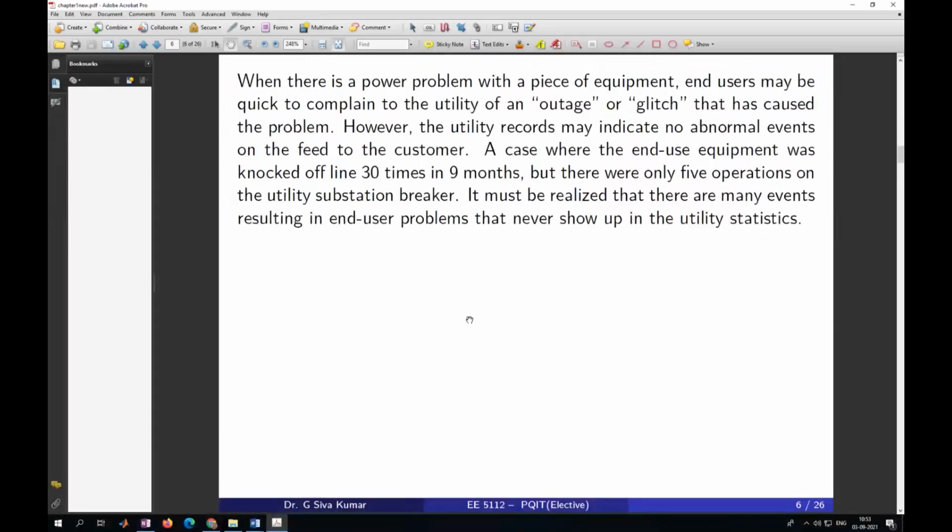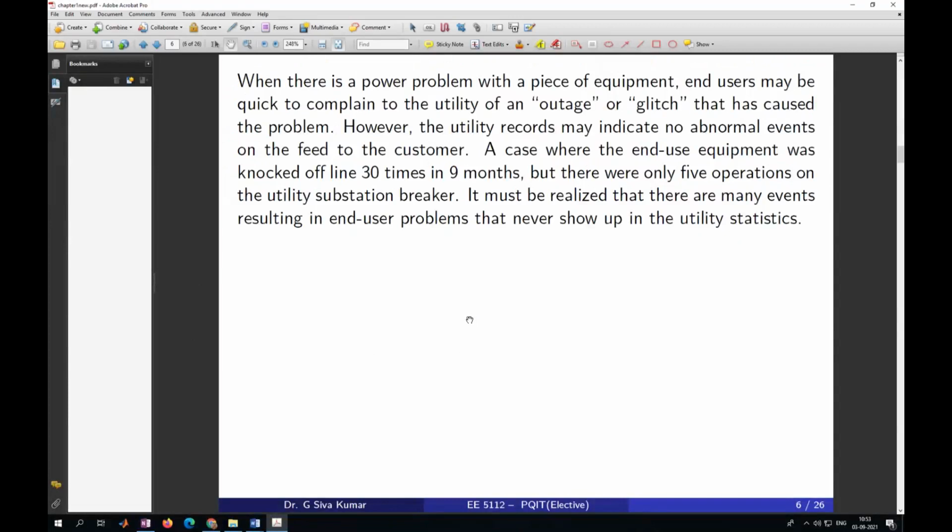See, one thing I mean to say is, suppose in the end user equipment a line has been grounded or shorted with the other lines.